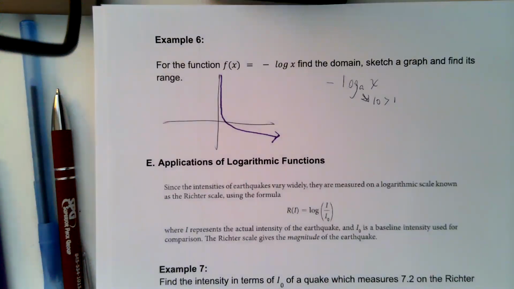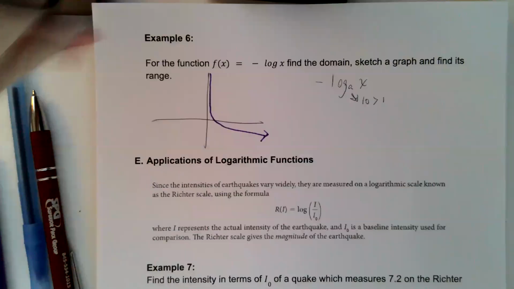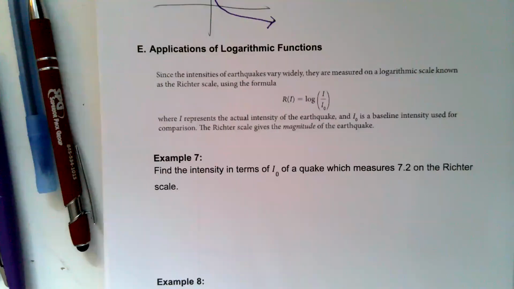The one application that is used with logarithms that we're going to do a little project on, you're going to find that assignment in Canvas, is around the Richter scale. So the Richter scale is a scale that's used to equate the intensities of earthquakes so that you can compare the size of different earthquakes to each other.